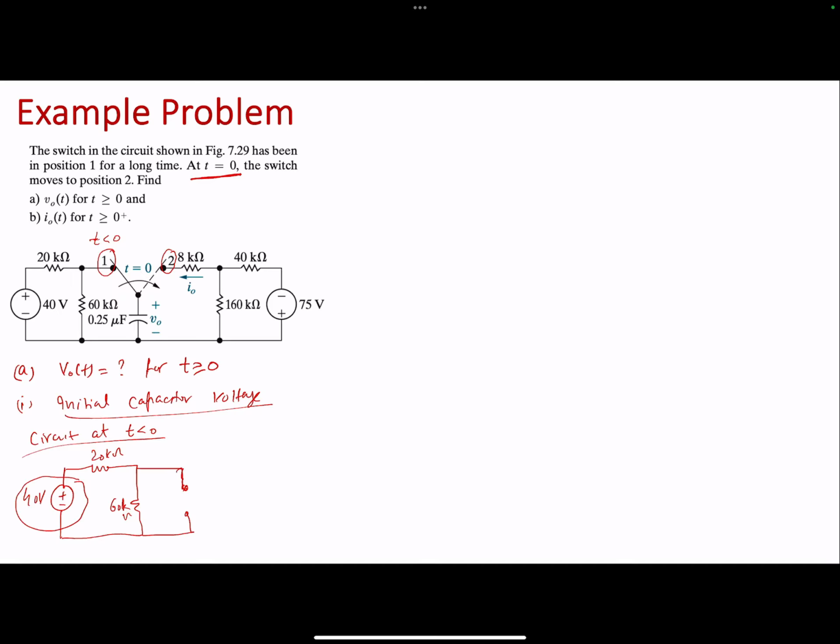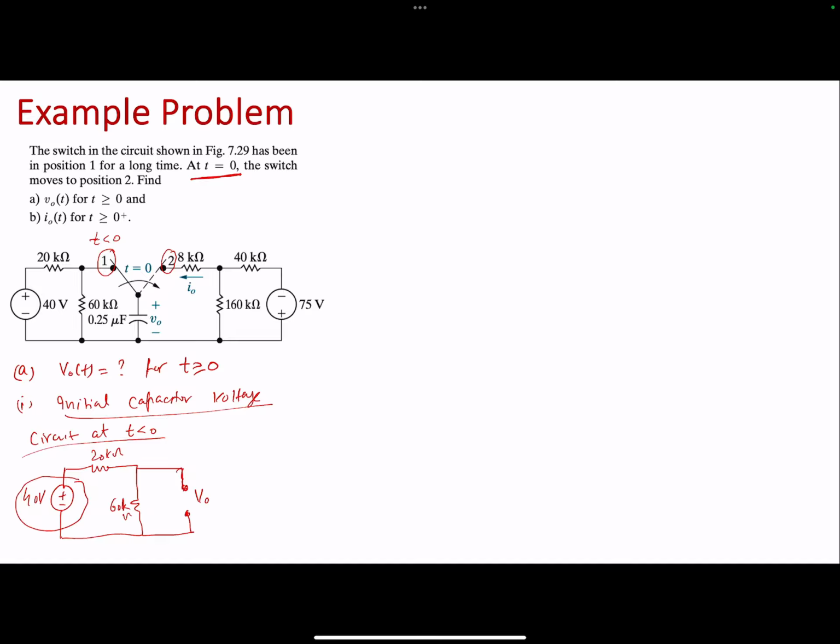We assume that a long time has passed, so the capacitor was fully charged. If the capacitor is fully charged, we realize that it will become an open circuit, as we have discussed innumerable times now. So V naught is across the open circuit.